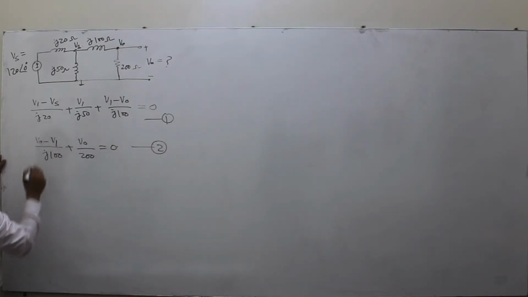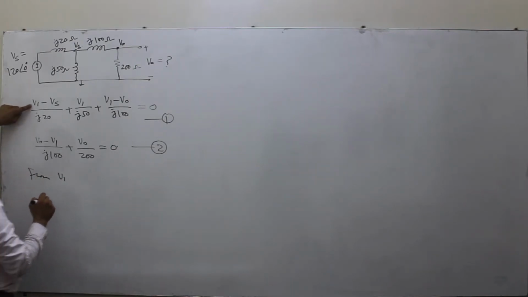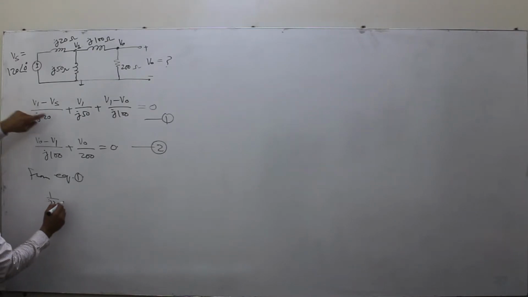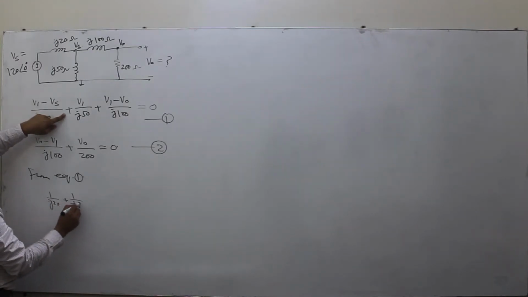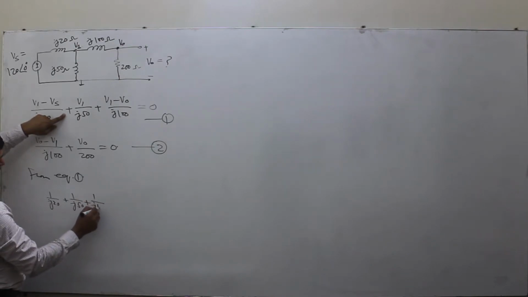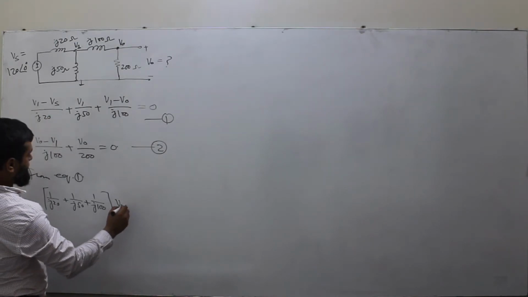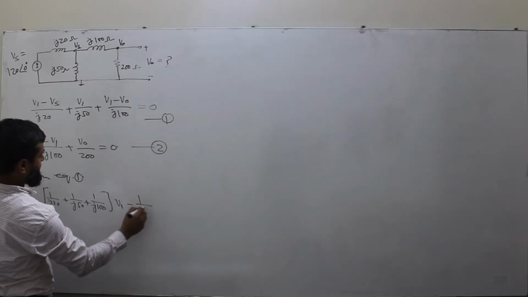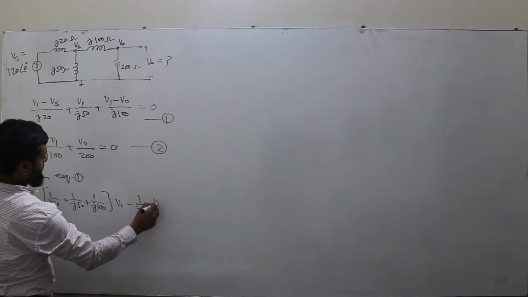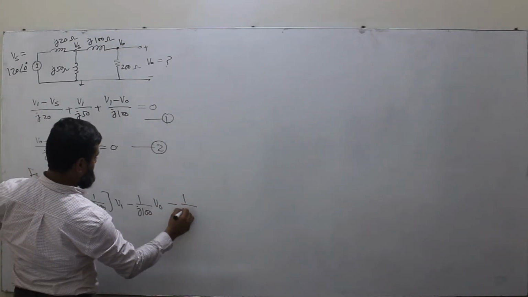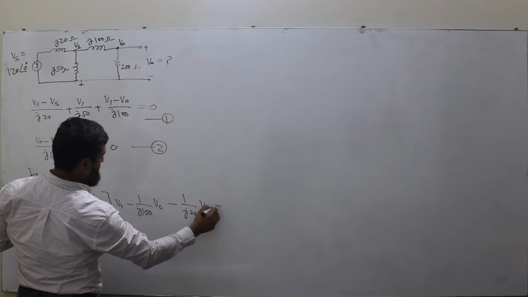So from equation 1, you can see 1 over j20 plus 1 over j50 plus 1 over j100 into V1, and minus 1 over j100 into V0, and now minus 1 over j20 into Vs is equal to 0.